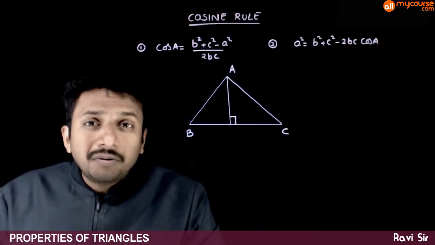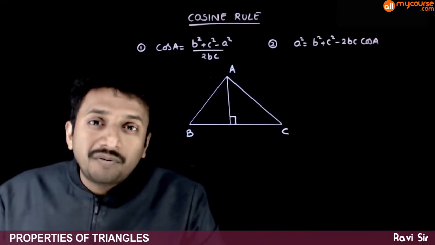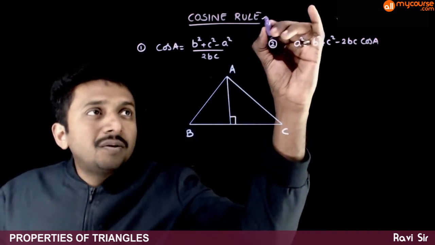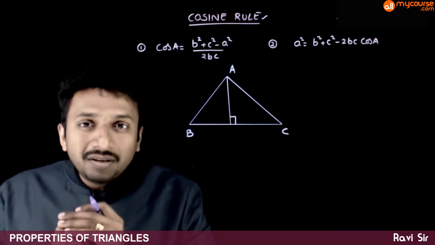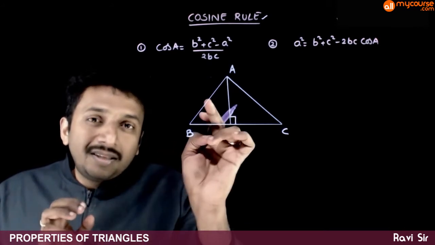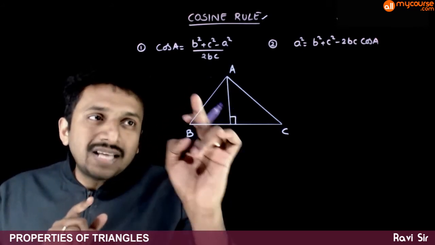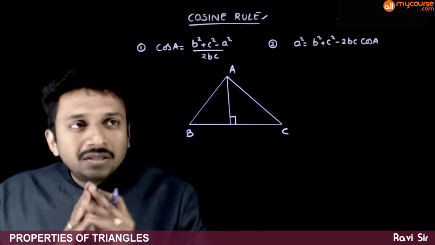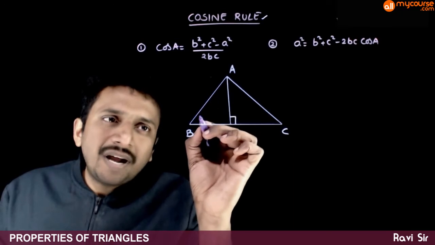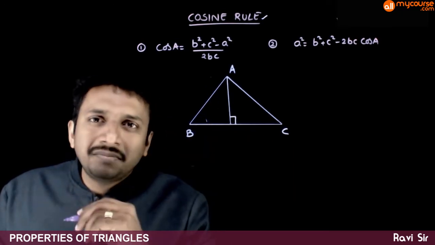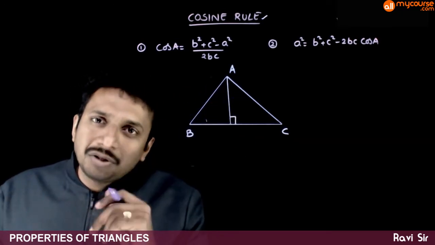In this video, let us look at an important property of a triangle, which is called the cosine rule. This cosine rule will be useful to find the angles if the sides of the triangle are known. Assume that you know the three sides of a triangle and you are asked to find angle B or angle A, and so on.